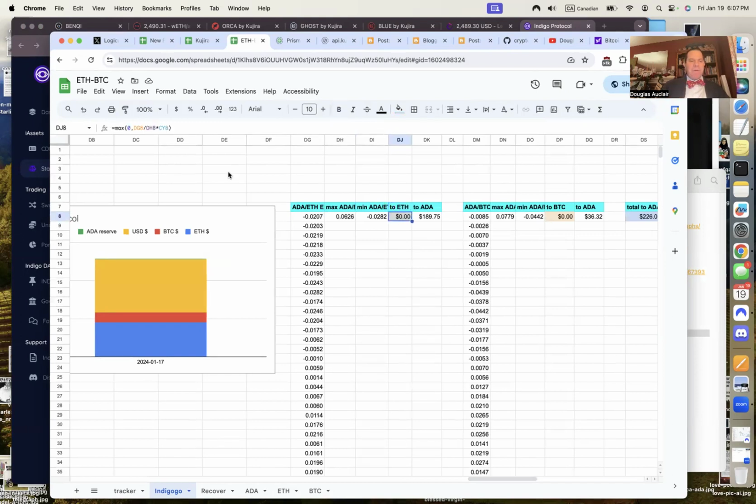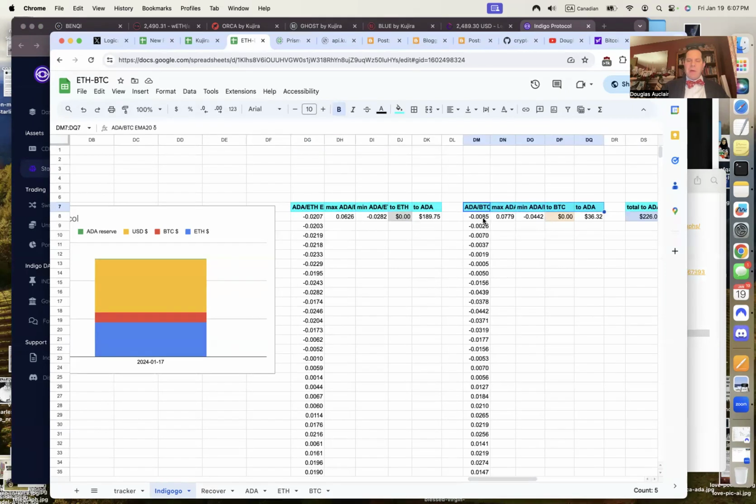If it's negative, I have a guard around it so that I don't buy something at a negative value. If it's positive, I have the guard again, but the guard says, okay, I want to buy $189 worth of ADA today. The same thing goes for Ethereum. The same thing goes for Bitcoin.